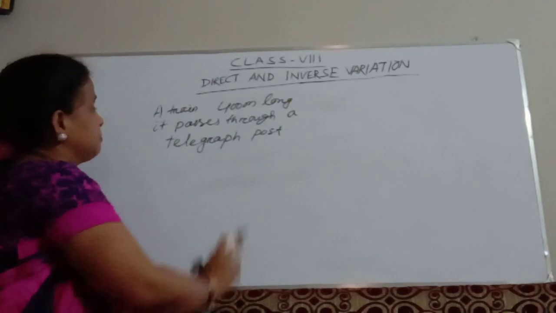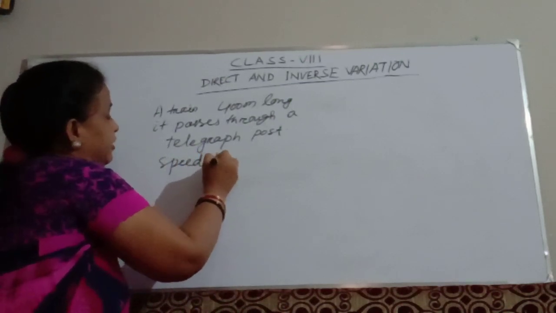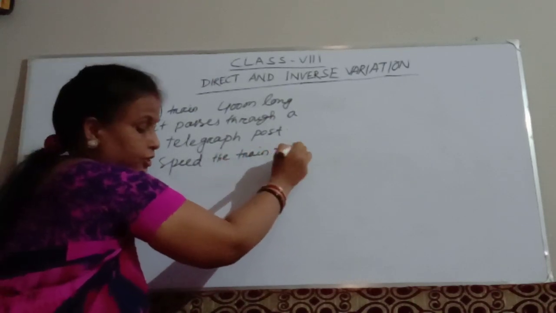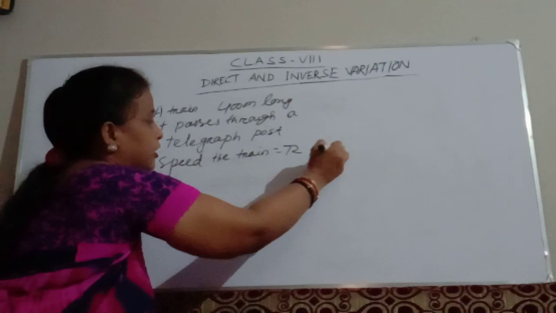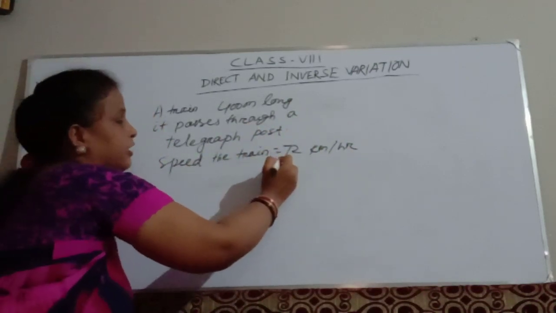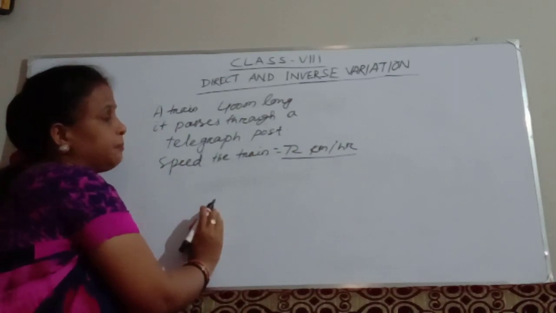Here the speed of the train is given as 72 km per hour. First of all, in this type of question, you have to convert this 72 km per hour into meters per second.